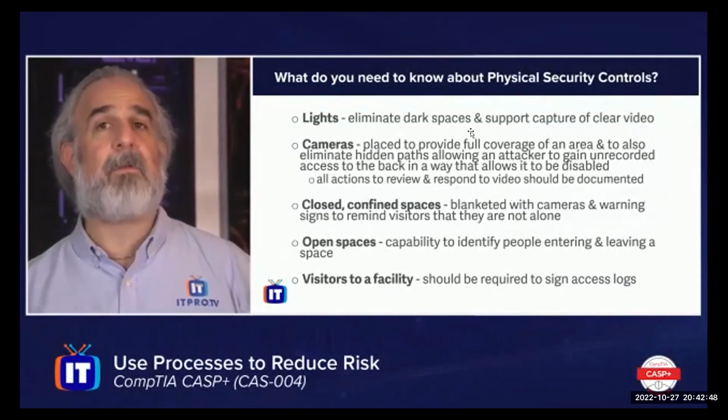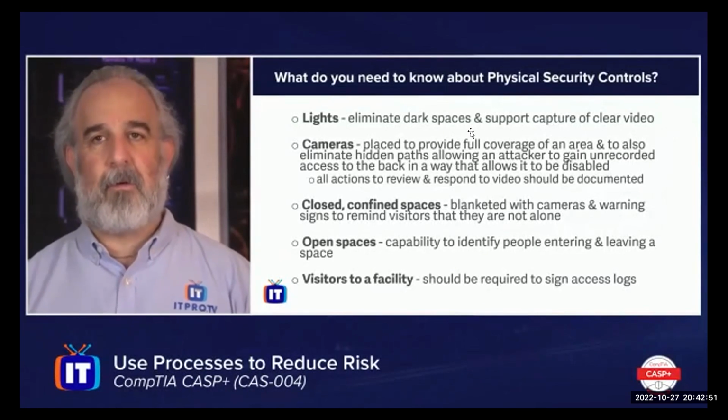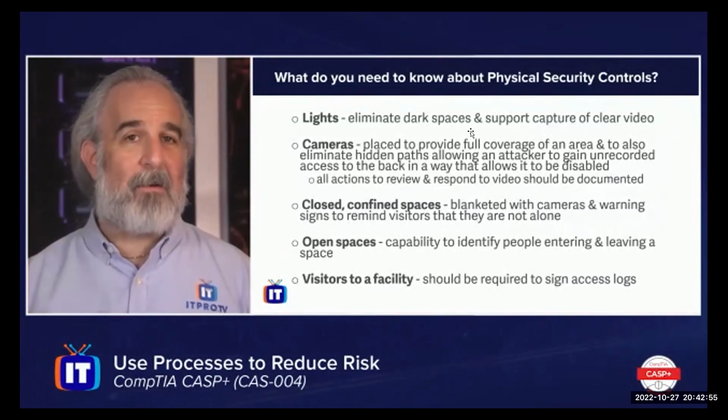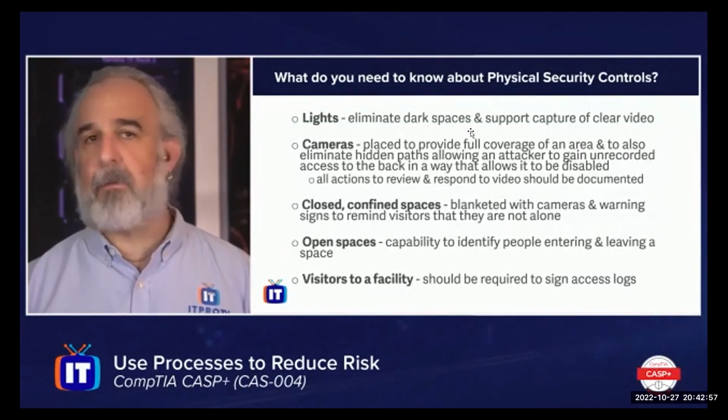But you're right, Chris. Also, the often overlooked area of physical security controls is something we should at least tip our hat to and acknowledge as we get ready to finish up this particular episode.